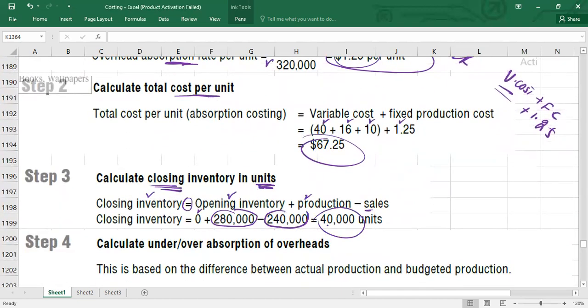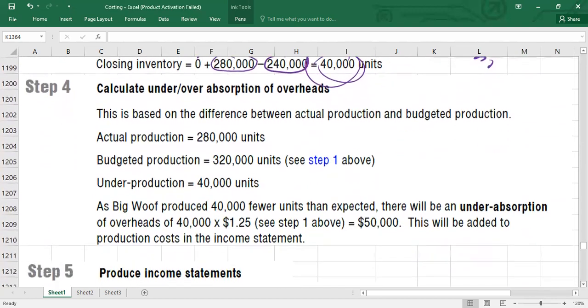Now we can convert this to the inventory value. Very simple: we take the unsold units multiplied by the product cost. This gives you the value of closing inventory, which we need for the income statement. Okay guys, so then we move on to the fourth calculation.